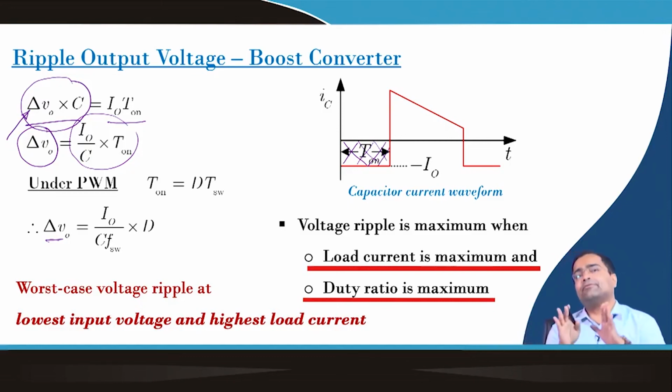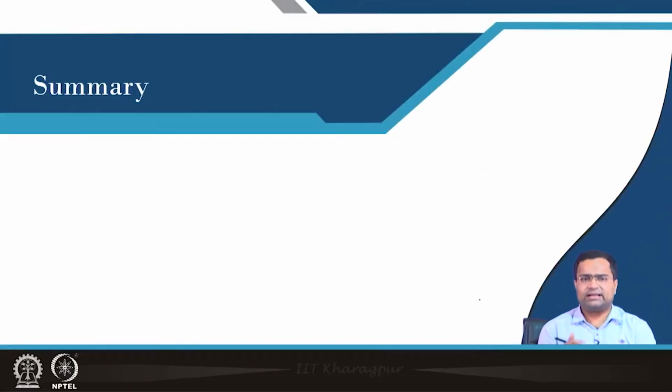So, this is different from the buck converter example. So, we found the ripple current for buck and boost converter, and we found the RMS current. In a similar manner we can find the RMS current for a boost converter and we can analyze under what condition the ripple current is maximum. So, here we have taken only pulse width modulation, but we can also consider other modulation techniques.